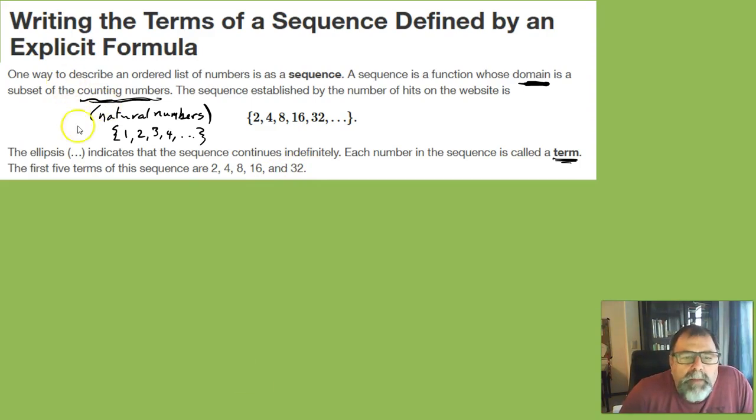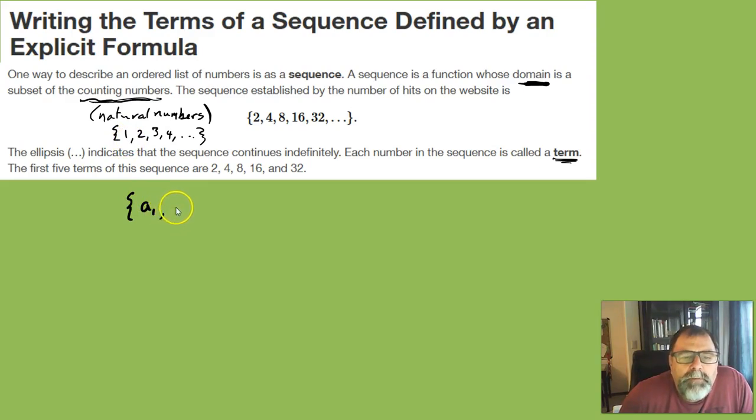Let's talk about some notation here. Typically we define a sequence, and if we call it sequence A, the subscript says which term of the sequence it is, and it's also the input value from the domain if we're going to create an explicit formula.